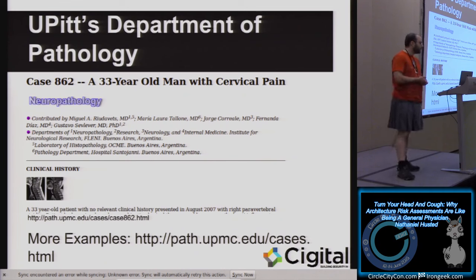So for example, UPIT's Department of Pathology. As I was researching a number of things for this talk, I found this site, which is great because it's not behind a paywall for a medical journal, which makes it very easy for people to look into. It's this idea of, well, we have a set of doctors who provided this.